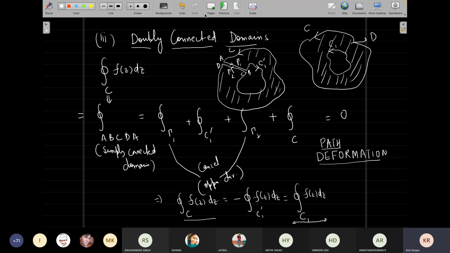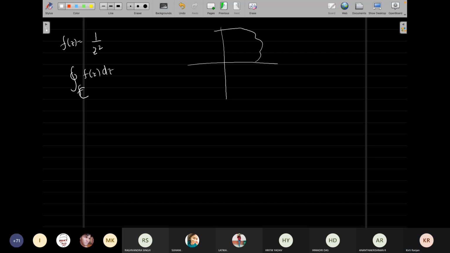So let me just give an example and then you will see. We talked about this 1 over z squared. This function is not analytic at z equal to 0. Now if I ask you to evaluate this integral f(z) dz over some arbitrary contour like this, but which of course has z equal to 0 inside it, how will you do that?